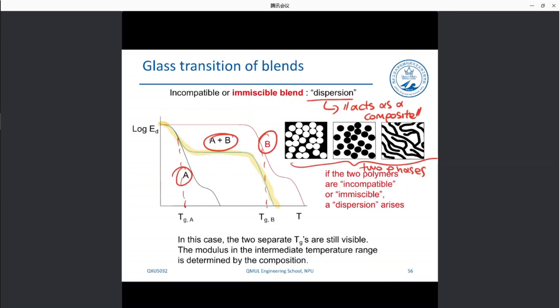Okay, so in this case, the highlighted curve of the blend essentially displays two glass transitions, the one glass transition of the one phase and the other glass transition of the second phase. Okay, so I want you to remember that immiscible blend means two glass transitions.